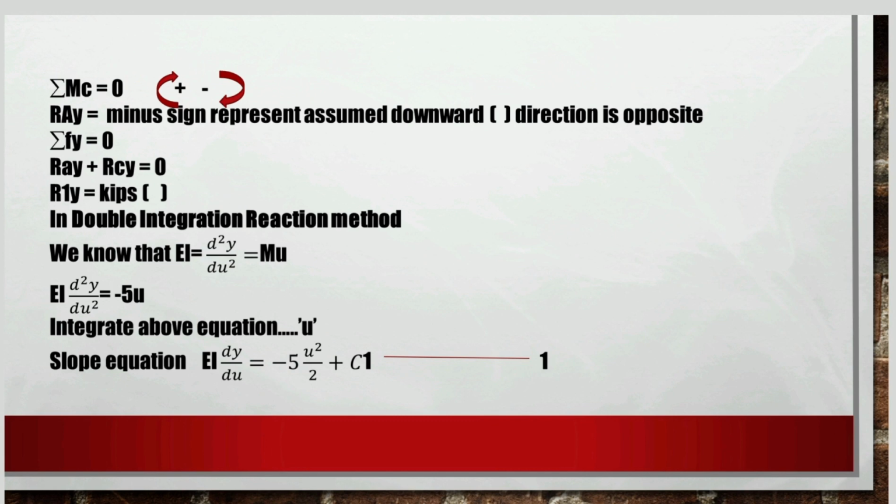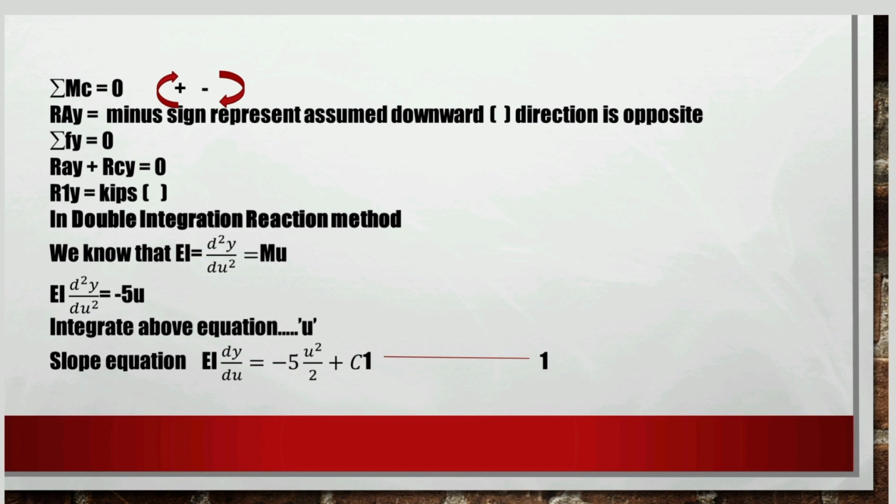Summation of moment at C equals 0. RAY, the minus sign represents that we assumed downward; direction is opposite. Summation of forces in y equals 0. RAY plus RCY equals 0. In the double integration method, we know that EI d squared y over dx squared equal M. EI d squared y over dx squared equal negative 5x.